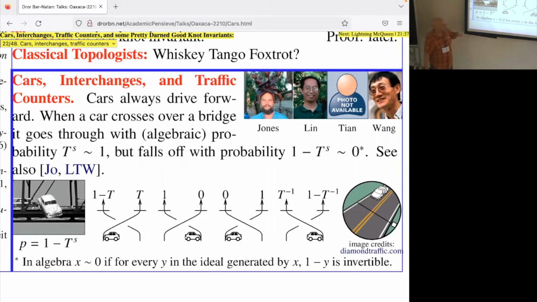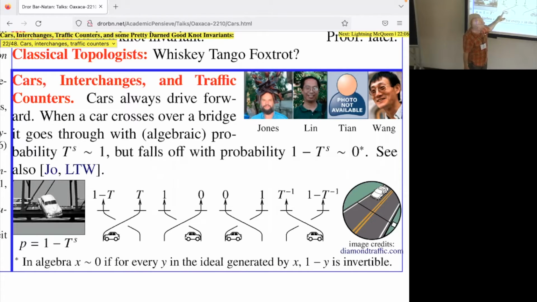And the rule is that if a car goes under a crossing, it comes out on the other side unchanged. But if it goes over a crossing, and the crossing is a positive crossing, then it comes out unchanged with probability t, which means that with probability 1 minus t, it falls down.